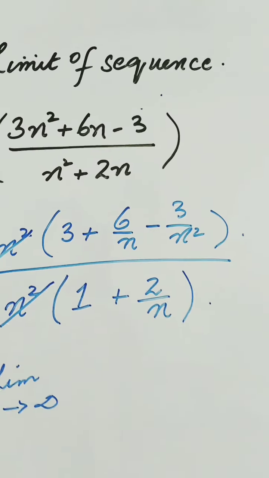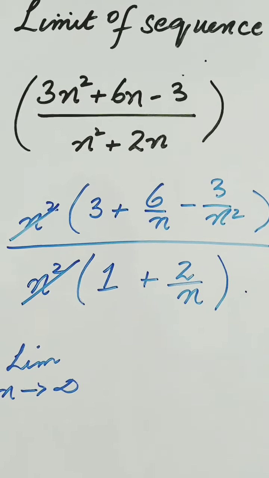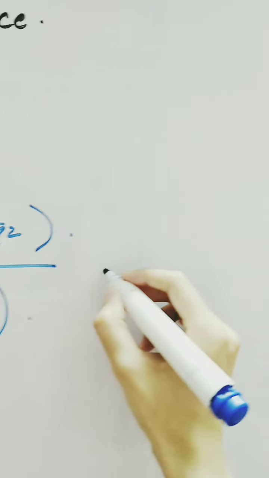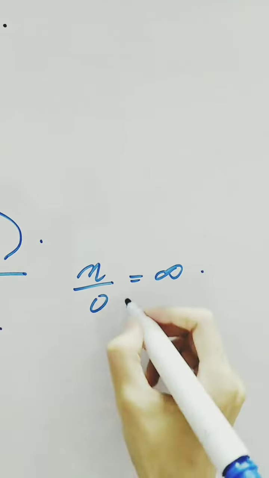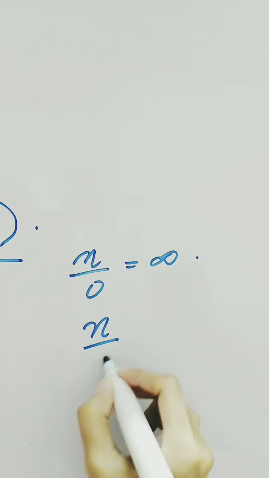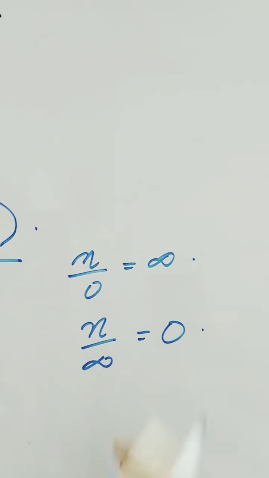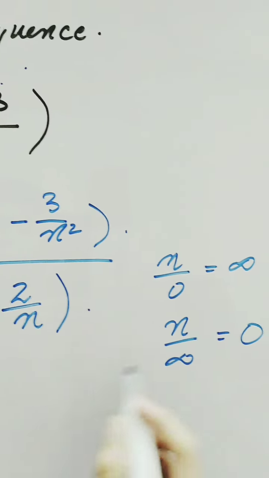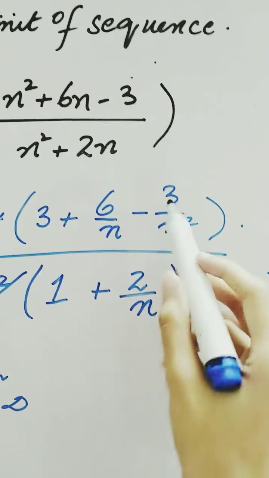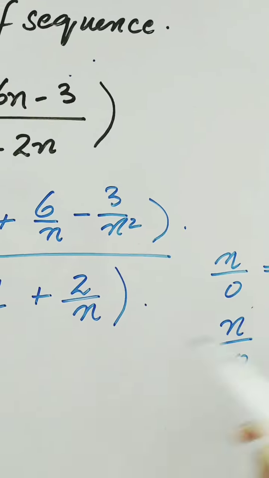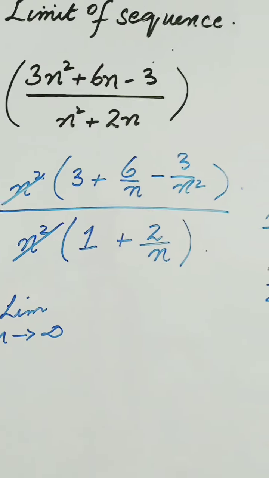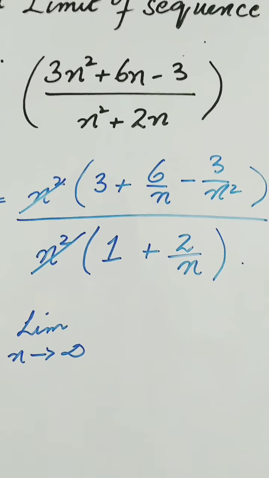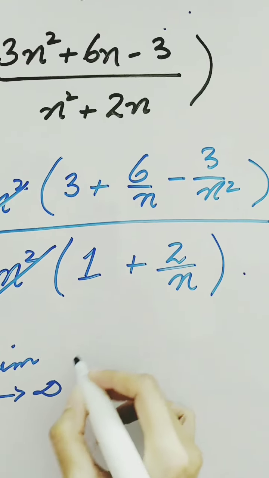We have done that because we know that 1 over 0 is equal to infinity, similarly 1 over infinity is equal to 0. So now these values come in that form and can easily be replaced with 0, and we will be able to find out the limit of this question.